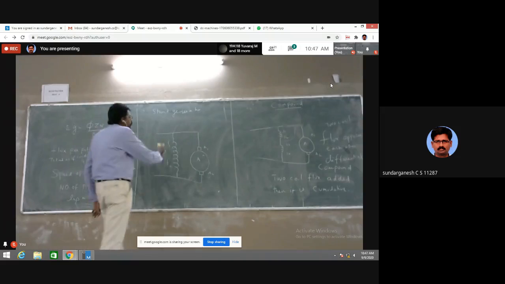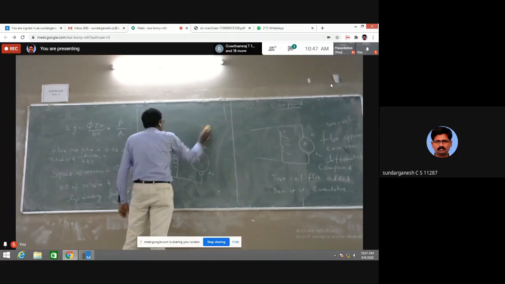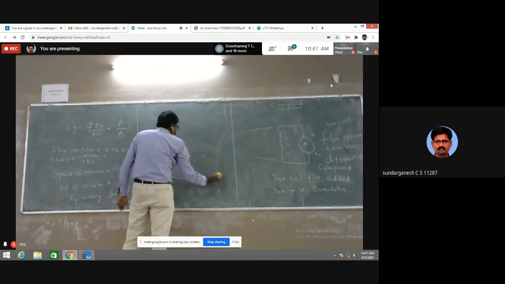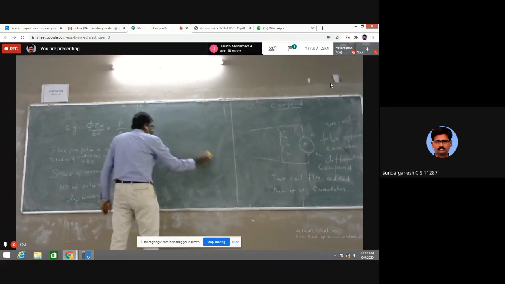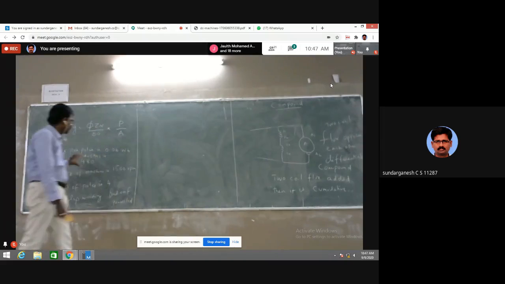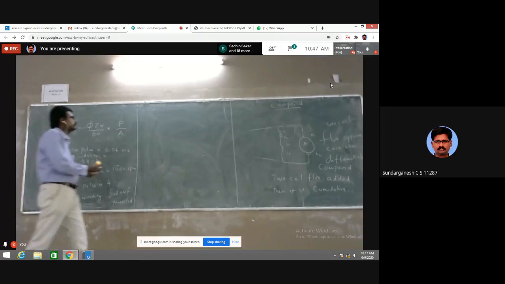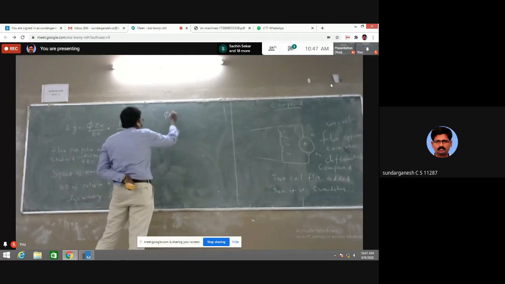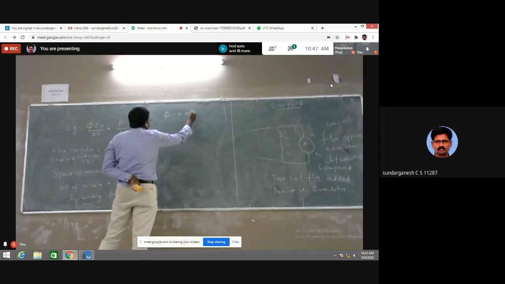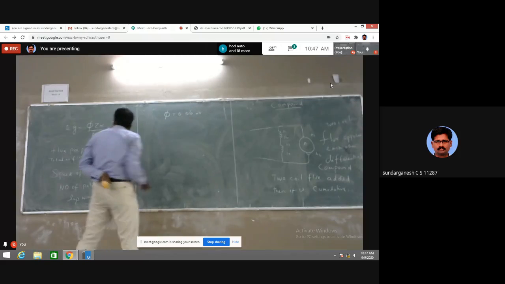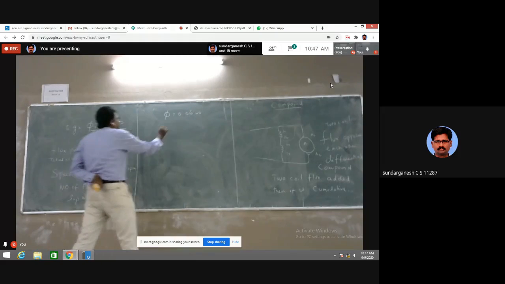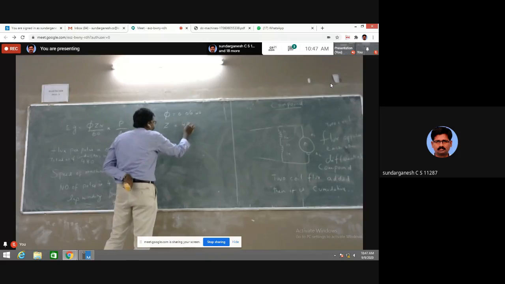For whatever problem you are writing, first you have to write the values from the problem in terms of these letters. Phi is equal to 0.06 Weber. Next one, total number of conductors, which is Z, equal to 480.